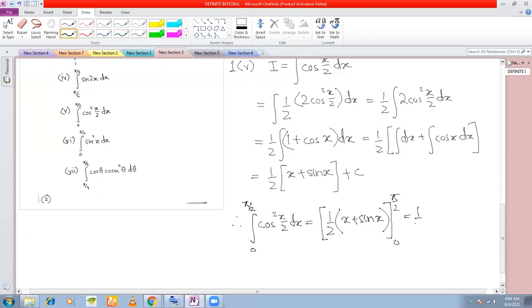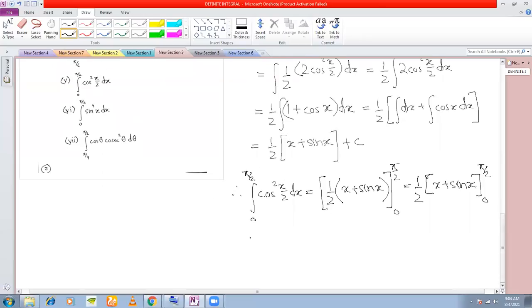You take the half out, you can simply write this as x plus sin x evaluated between 0 to pi by 2. Now you put the upper limit first. Pi by 2 plus sin pi by 2. Now you put the lower limit minus 0 plus sin 0.